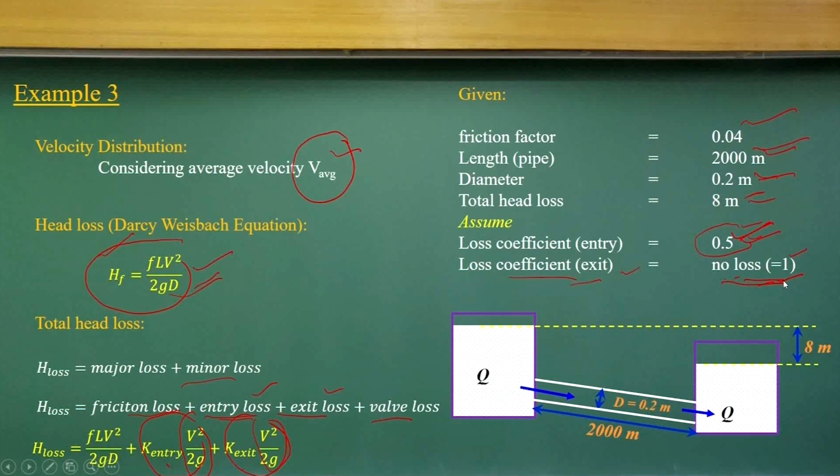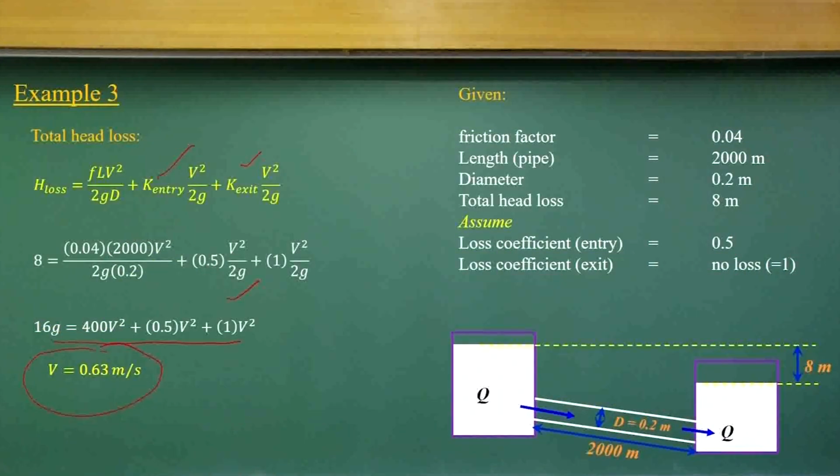By substituting these, we get a big series of equations, and substituting the values you will get a quadratic function, and solving that you will get the velocity.